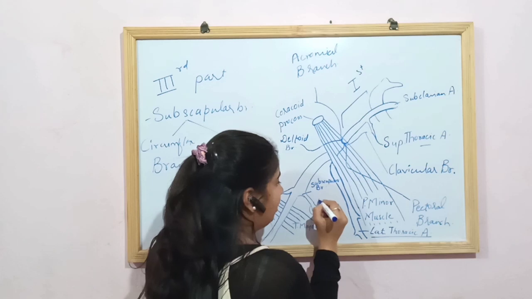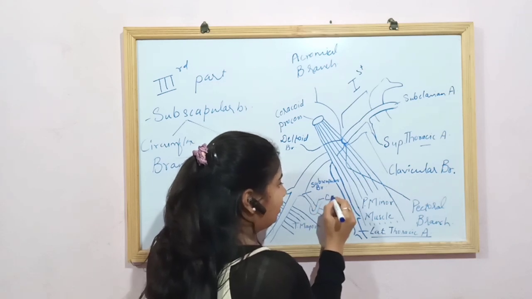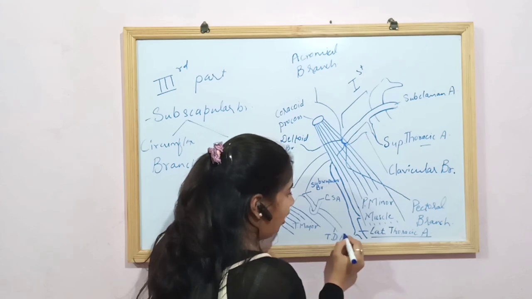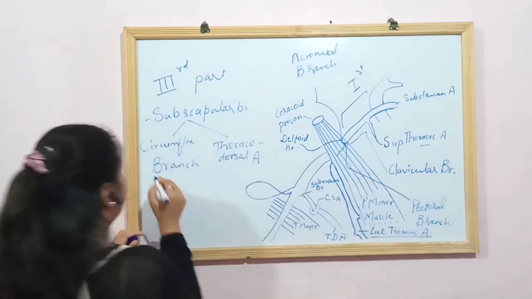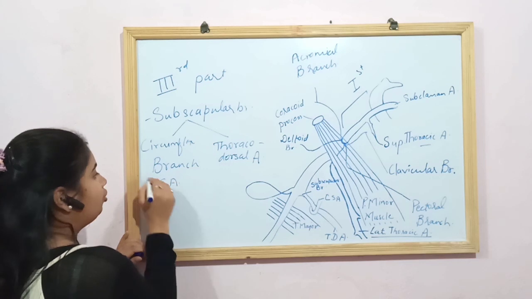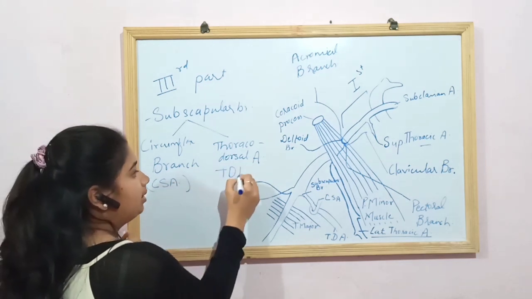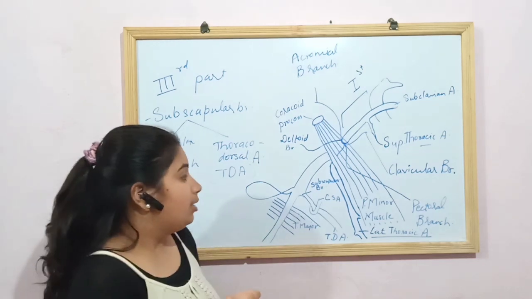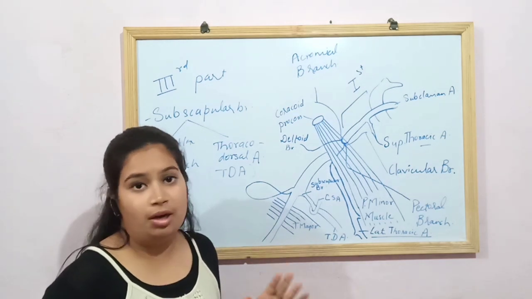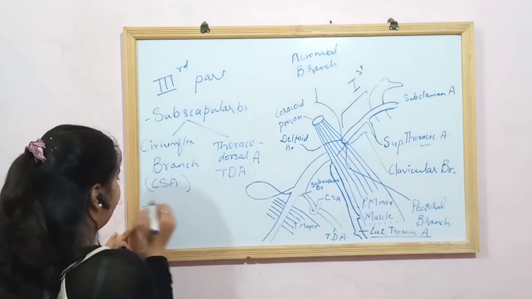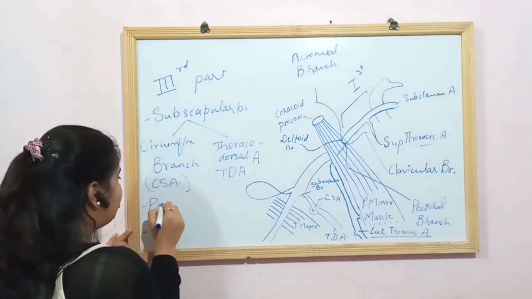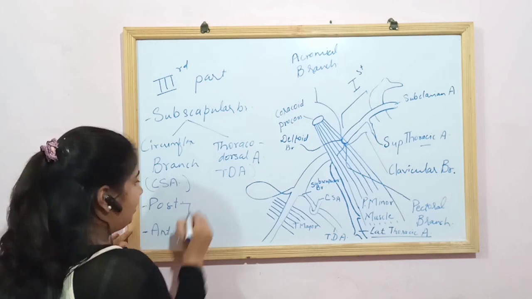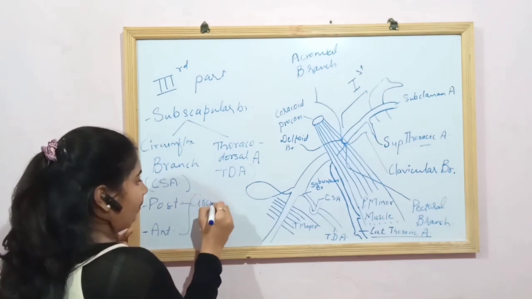So this one is the circumflex scapular artery and this one is the thoracodorsal artery. So this was the first branch of the third part, and the second and the third one is the posterior and anterior circumflex humeral artery.